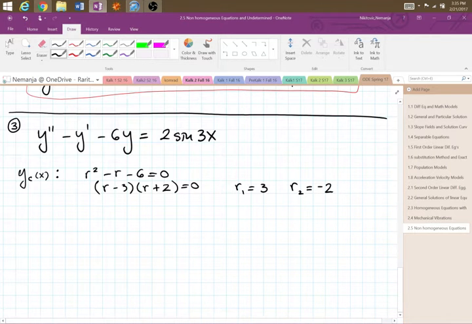So we are immediately writing the complementary solution in terms of x as a e to the 3x plus b e to the negative 2x. So that's the homogeneous part.